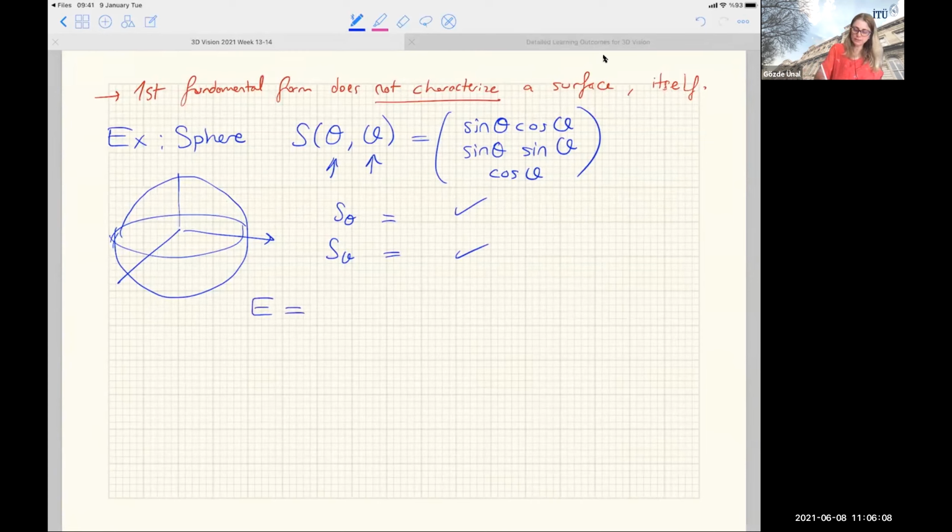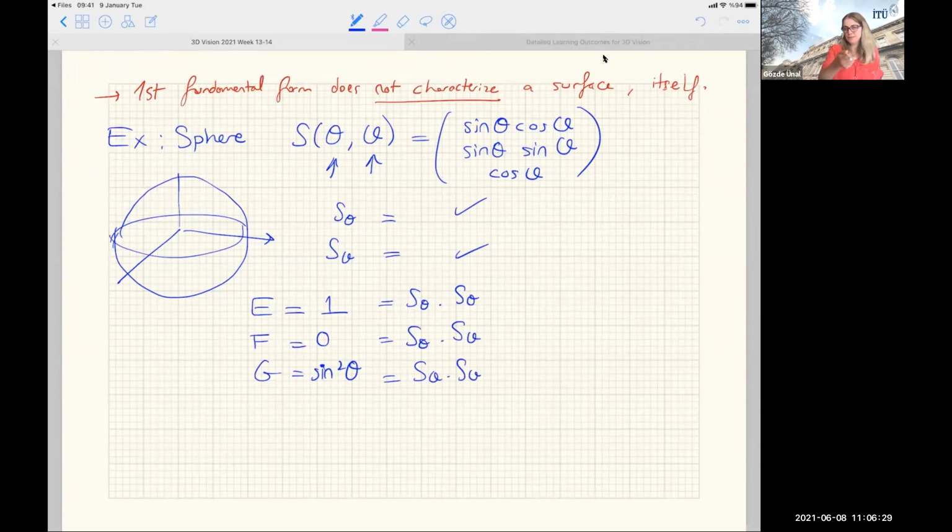E is calculated as 1. E will be really S_theta dot S_theta. F is 0, which was S_theta dot S_phi. G is sine squared theta. You see, this is not Euclidean. My inner product now has a non-unity form here, non-identity. This is my first fundamental form.